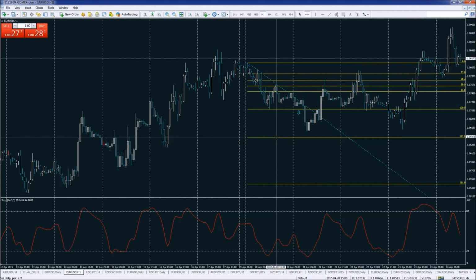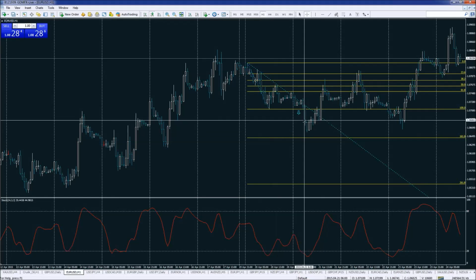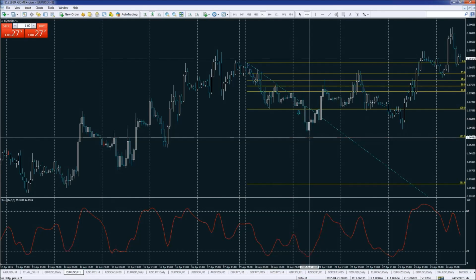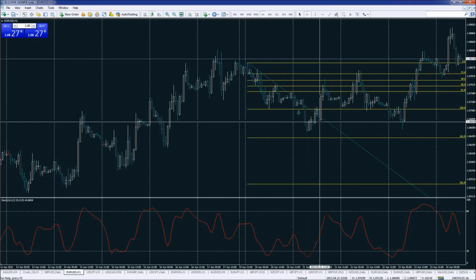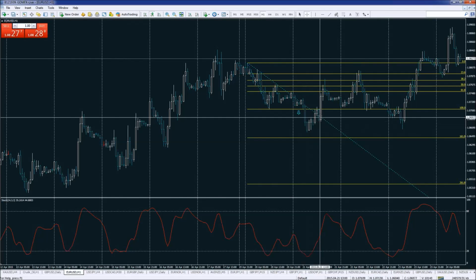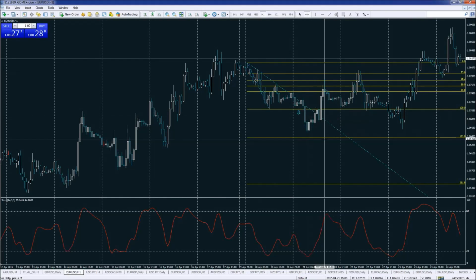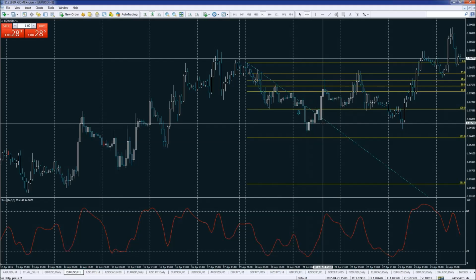Because in the majority of cases, especially on highly volatile pairs or commodities, you will very often see that once the level is reached, you have a retracement of at least 50% of those levels, 100 and 161. So a 50% retracement of this level you will have for sure.